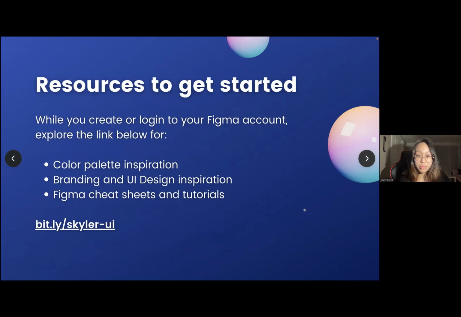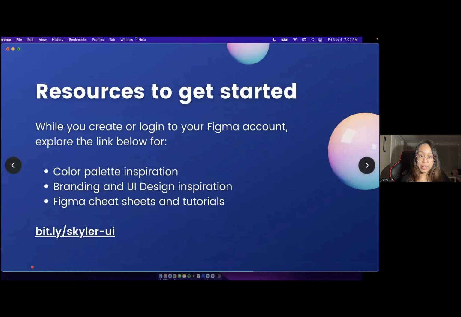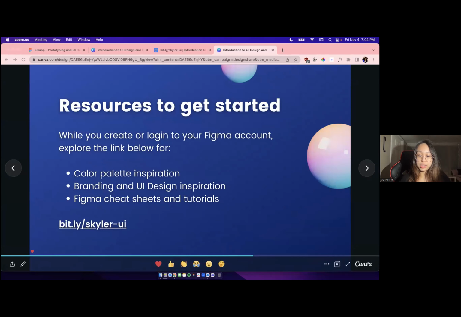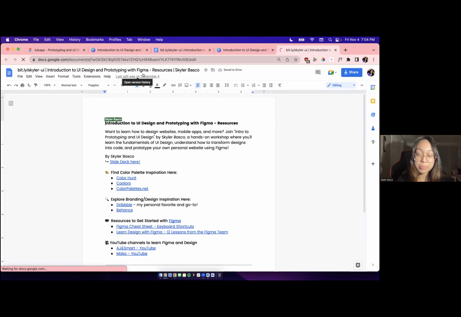So I'm going to recommend some resources to get started. I made this document that I will send in the chat. You can go into this document and it has resources where you can find a color palette, tutorials, cheat sheets, and stuff like that. Here's the link, and everyone can click onto this document.